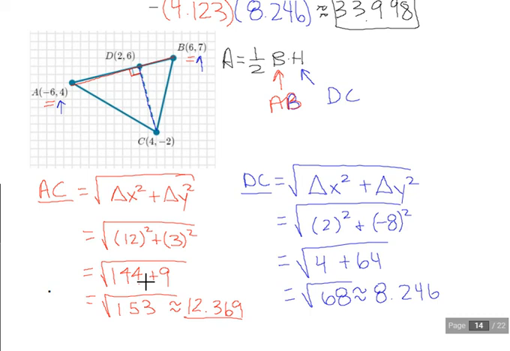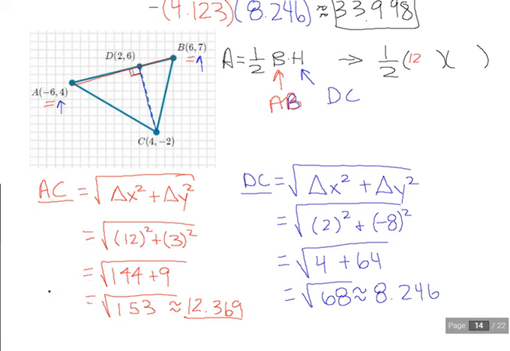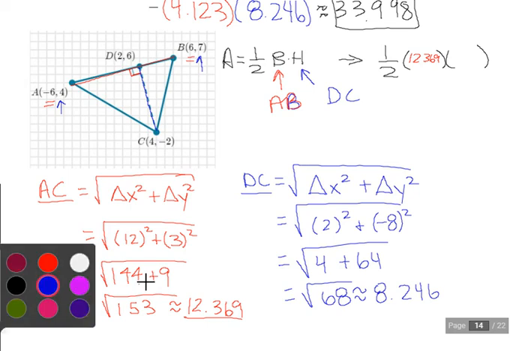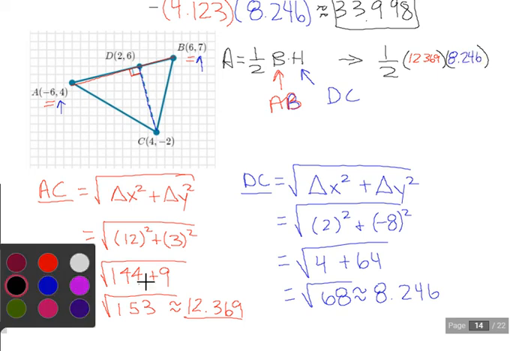So let's get that going. Okay, so we have 1/2. The base in this case is 12.369. The height in this case, 8.246. Okay, so our area, once multiplied all together, oh man, I hate that.